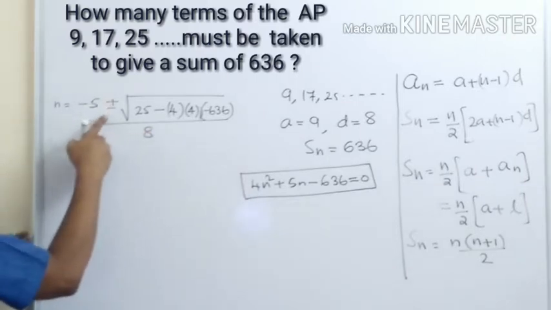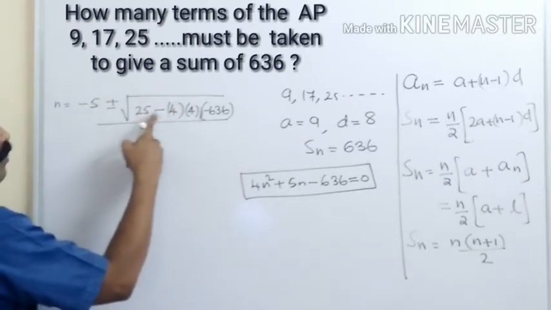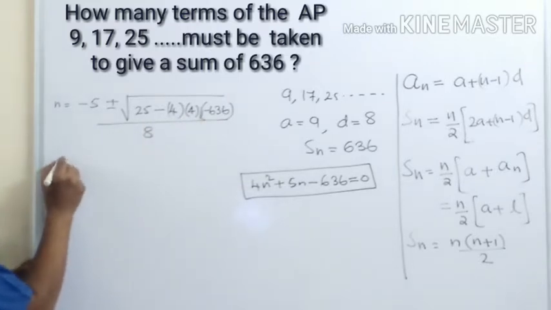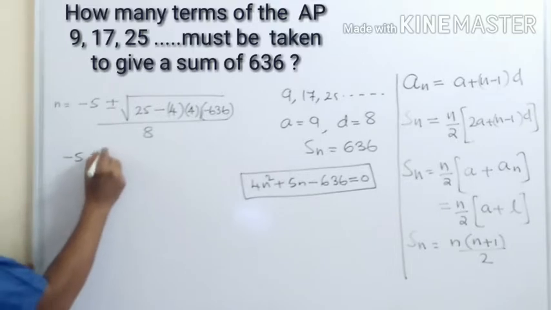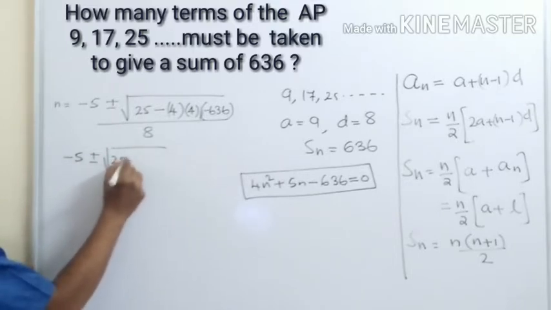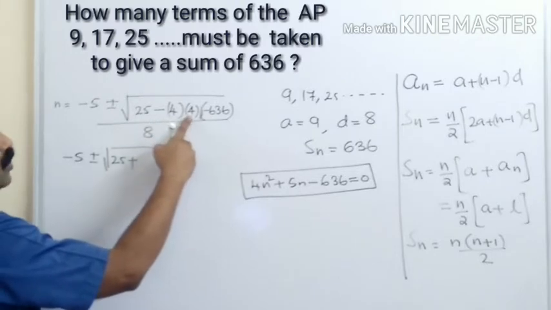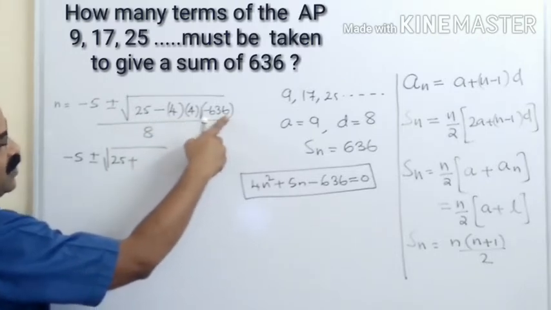Minus b plus minus root b square minus 4ac by 2a. So this will become what? Minus 5 plus minus root 25 plus 4 into 4, 8, 8 into 636.